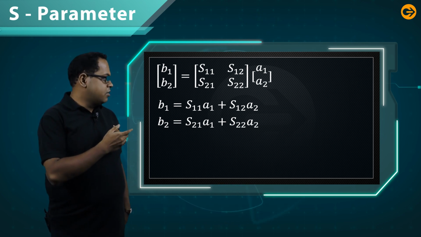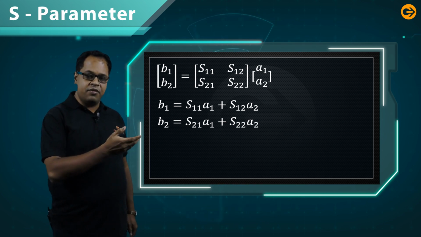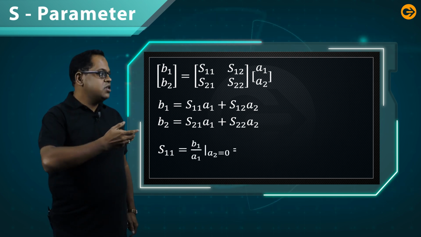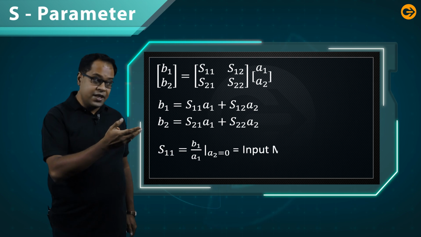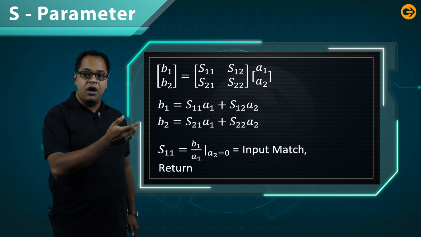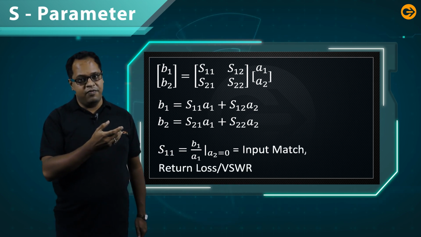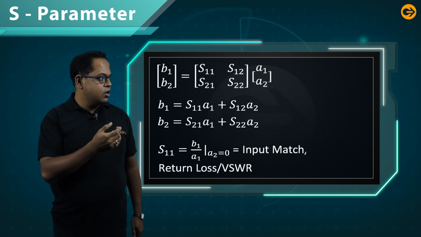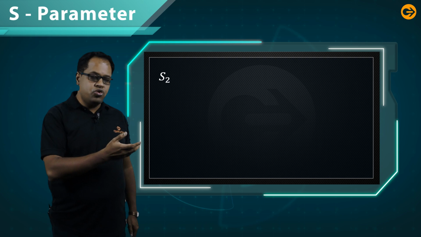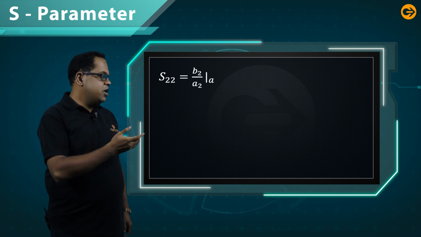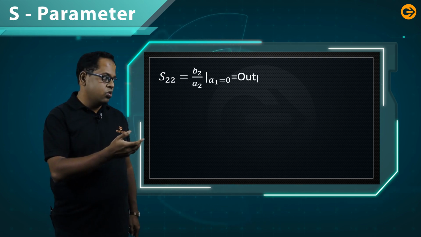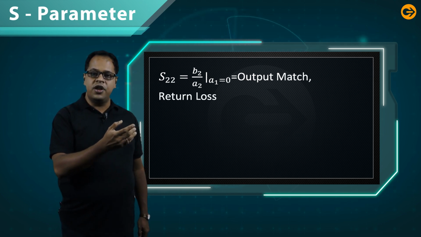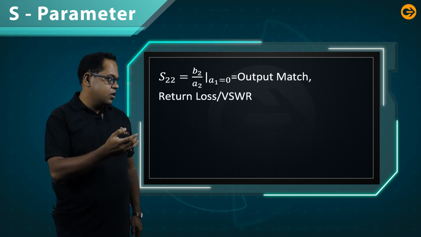Obviously, you can derive or simplify S11 as B1 by A1, which is nothing but the input match, return loss or VSWR. What does VSWR stand for? Voltage standing wave ratio. Now, what is S22? S22 is B2 by A2, which is the output match, return loss or voltage standing wave ratio.